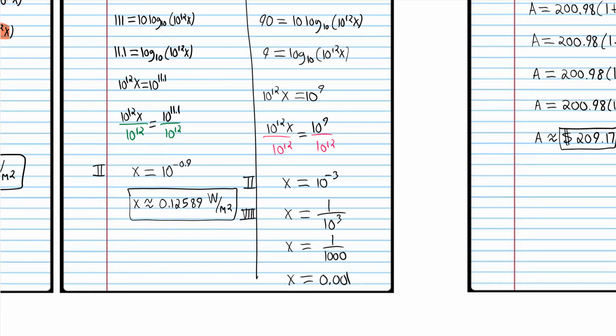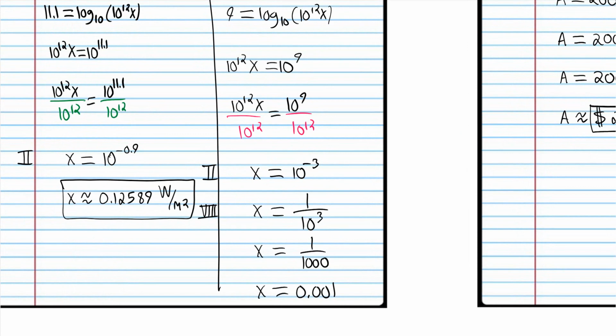To be honest with you, I don't really care how you write it. You could really write it in any of these forms, but this form is probably the best. This form is okay, but it's not as good as this form here.